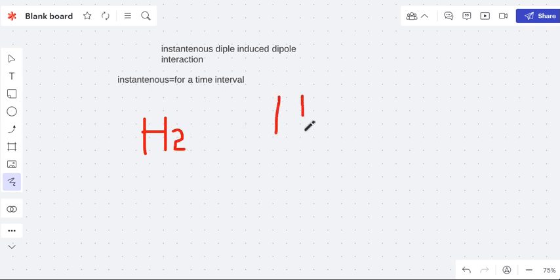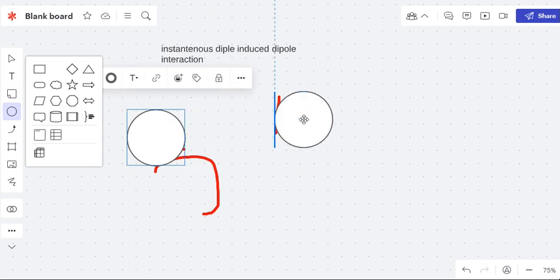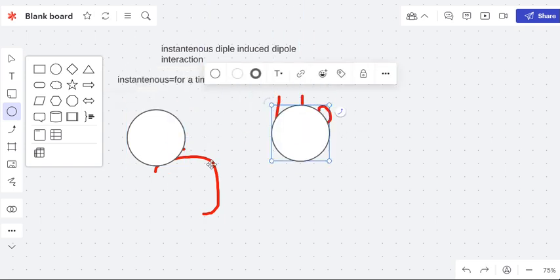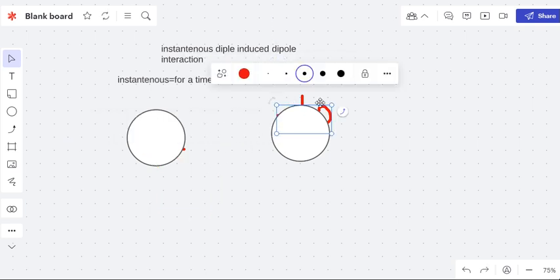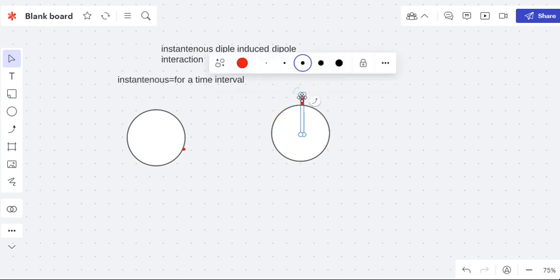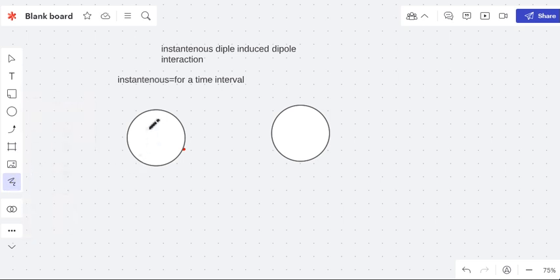This is the other hydrogen molecule, H2.